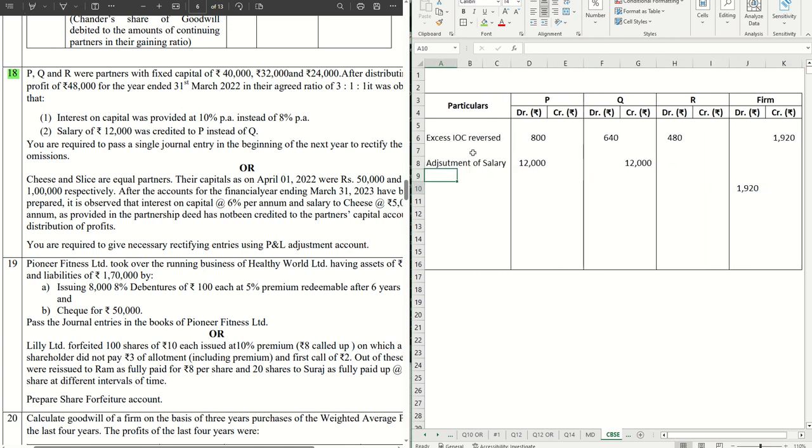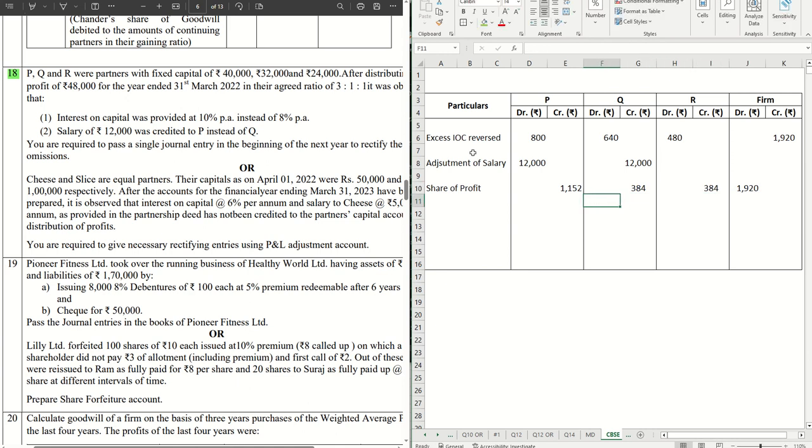So let's do that. Share of profit. So 1920, that will be credited to the partners' capital account. So 1920 into 3 by 5, that is the share for P. Similarly for Q, this will be 1 by 5, and same will be for R as well.